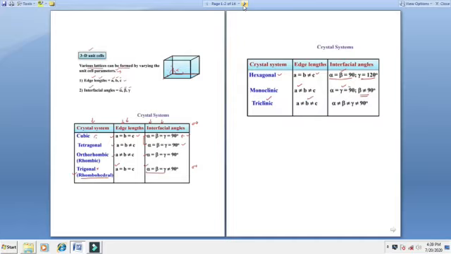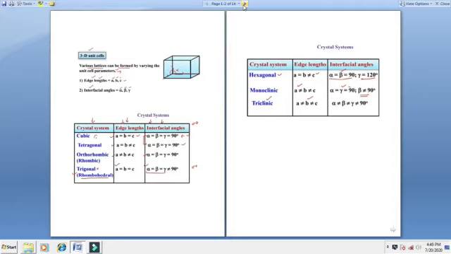In this, all the sides are equal. a equals b equals c, edge lengths are equal, but in the interfacial angles, alpha equals beta equals gamma, but they are not equal to 90 degrees. The three angles are equal, but they are not at right angles to each other.